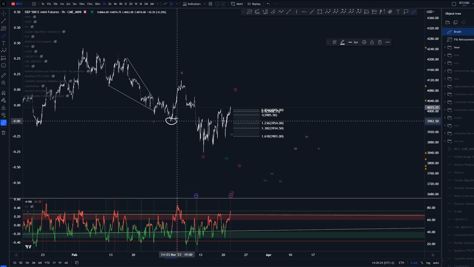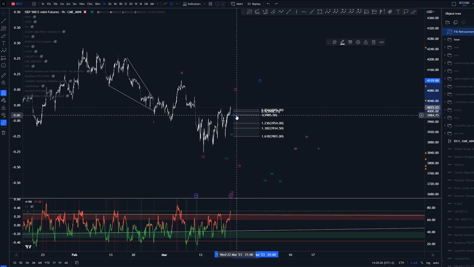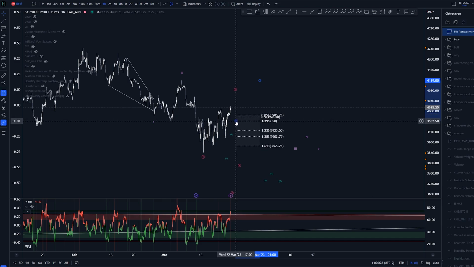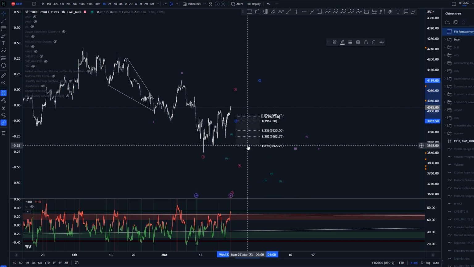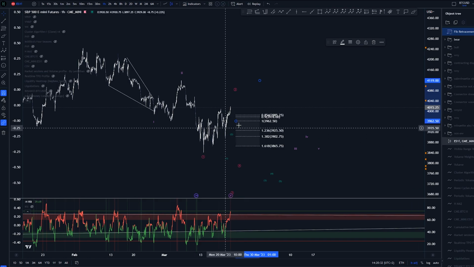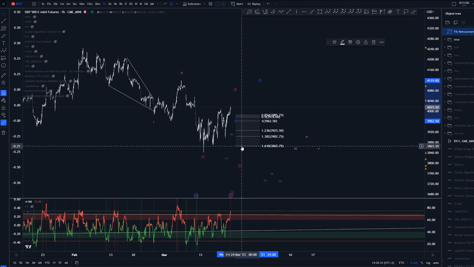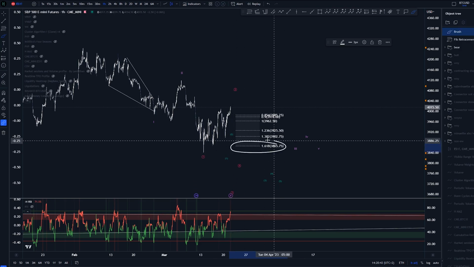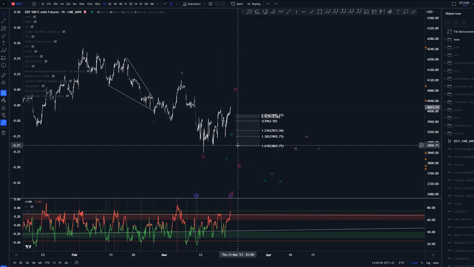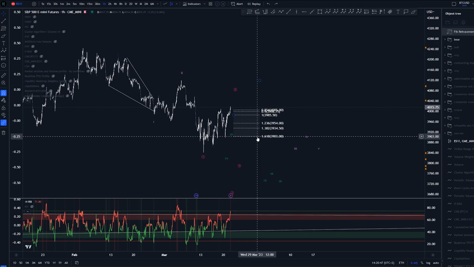Now, even if we had the structure ending here, we don't have it still. And if we breach the 1.618 here, like we do in this scenario or this case, this is no longer very relevant to me. It is so rare to see 1.618 cleared by this much that it would make any sense to me.